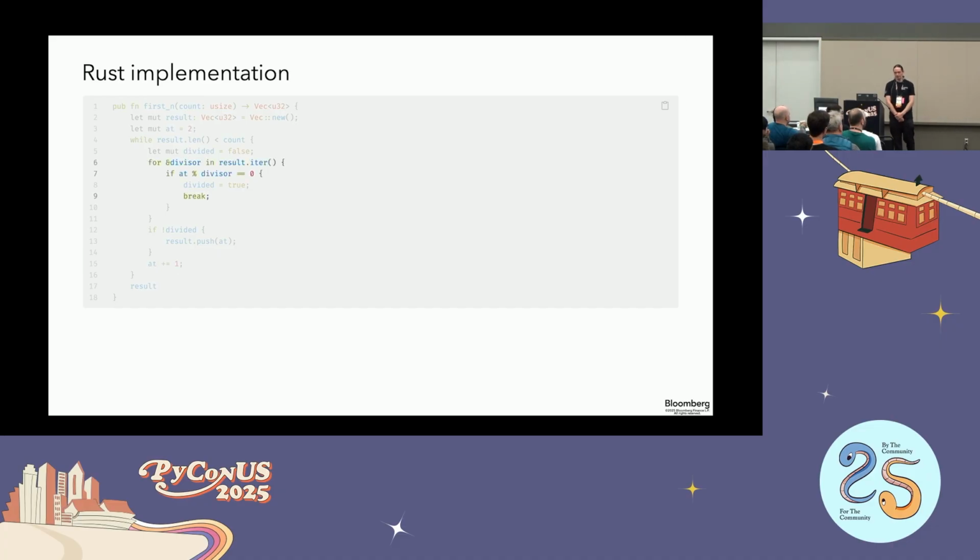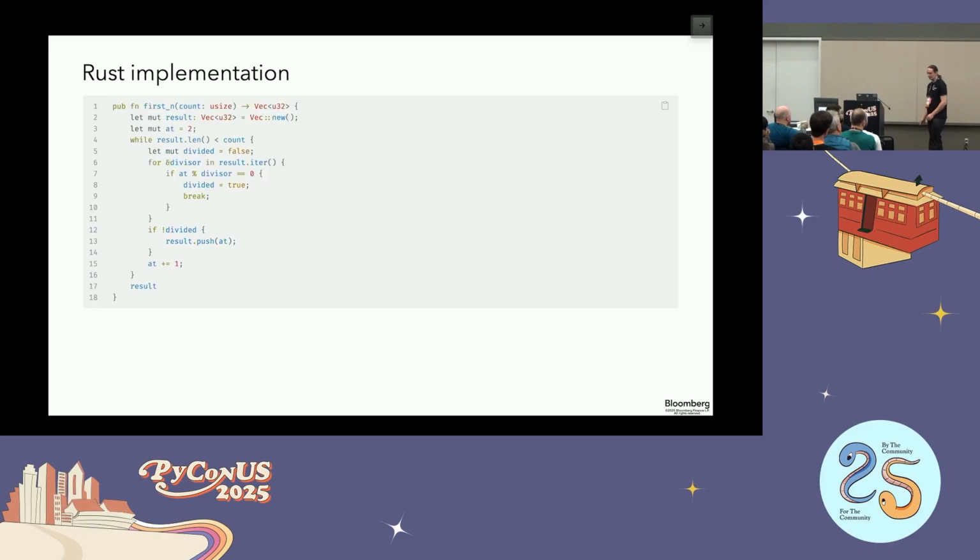And then we have this for loop where we just go over all the previous numbers and check if it divides. Now there's a bit of complication here that comes from Rust not having an else inside the for loop. So instead we have to use a variable to make that happen. And this is what this divided flag does. This is just a flag that we check, hey, did any of the numbers before divide it?